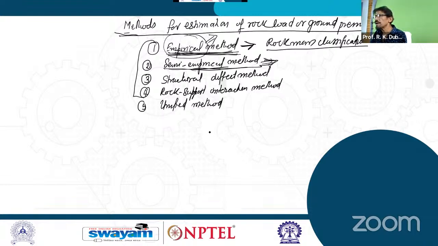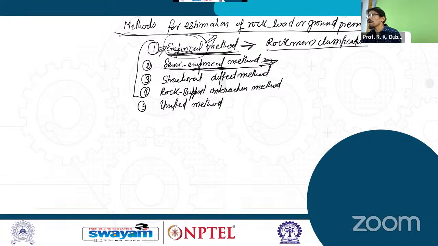This is the oldest method. And regarding the empirical method, we have already discussed. The first attempt was made by Terzaghi in 1946. Actually, a job was assigned to Terzaghi to develop one tunnel for crossing of some railway track in the Alps. At that time, there was no concept of rock mass classification.